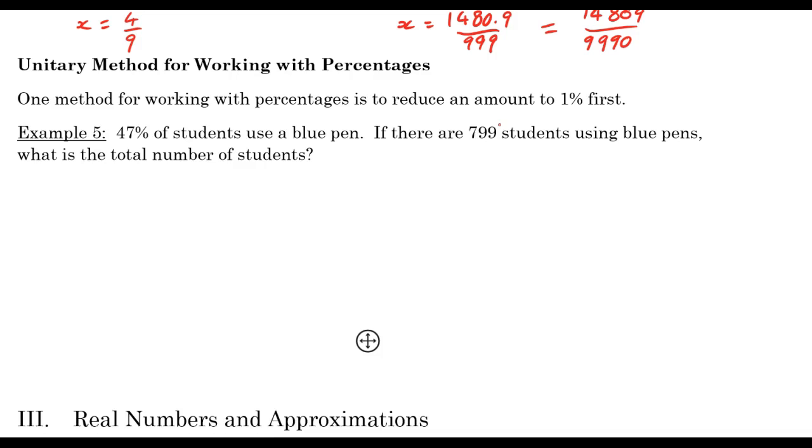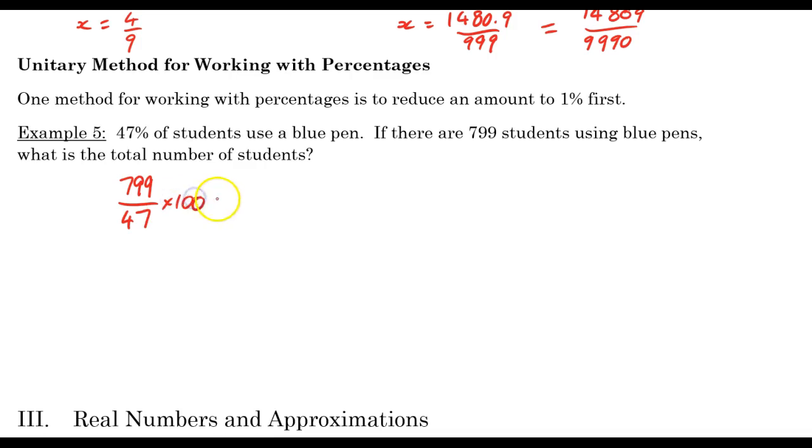47% is equal to 799. What's 100%? Well, 799 over 47 is going to tell me what 1% is. 47% is 799, therefore 1% is 1/47th of that. So 799 over 47 is going to tell us 1%.